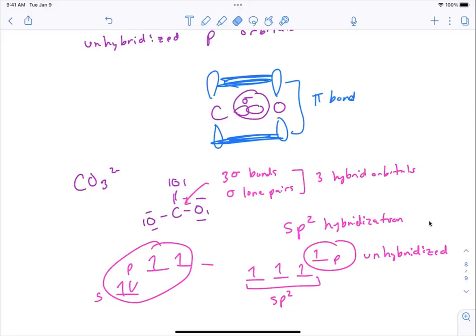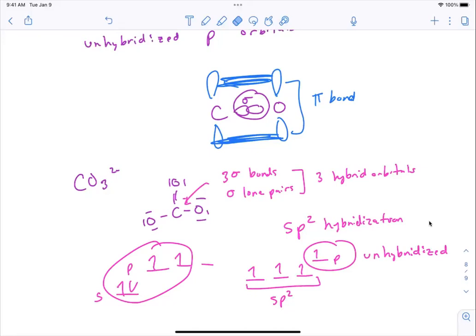A double bond contains a sigma bond and a pi bond. That's what. No, not yet. Oh, yeah. So when you have a pi bond, you need an unhybridized p orbital.